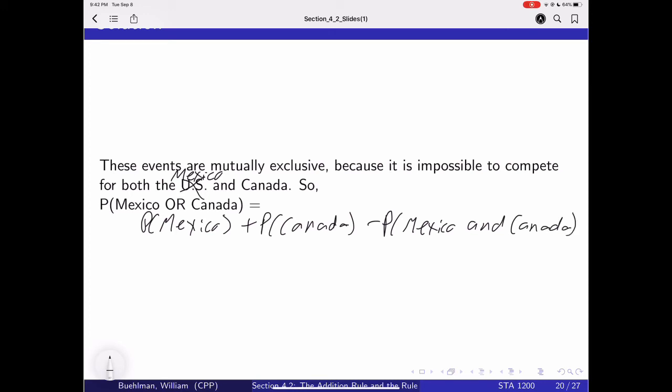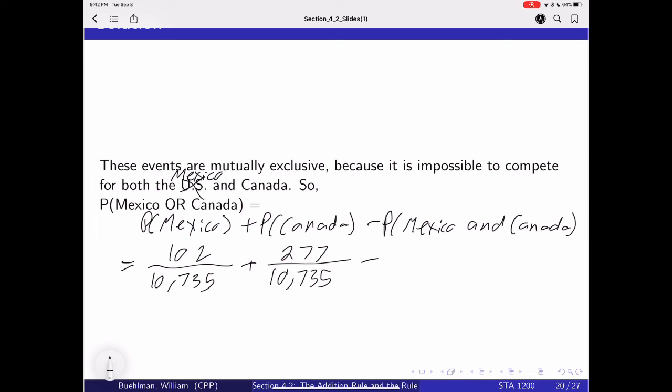Well, the probability that they represent Mexico, we had 102 athletes that represented Mexico out of the 10,735. The probability that they represent Canada, there were 277 athletes out of the 10,735 that represented Canada.